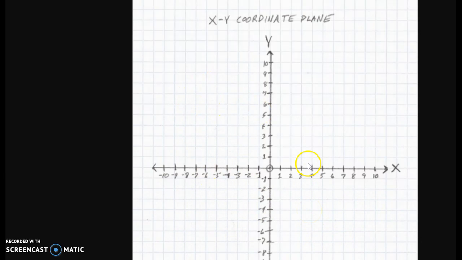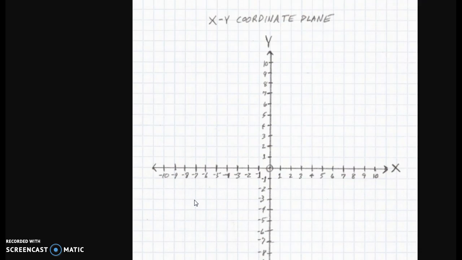And when you do that, it's going to be going out a certain X and either going up or down a certain Y. So if I'd put a dot right here, the coordinates would be 8, -7. If I had put a dot over here, the coordinates would be -7, -3, because it goes out a certain distance on the X and it either goes up or down on the Y.